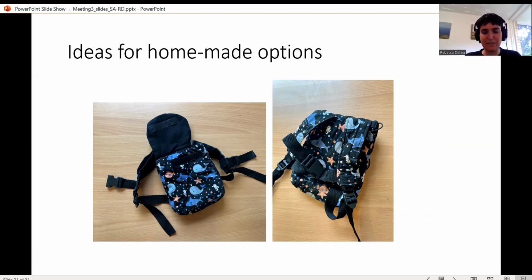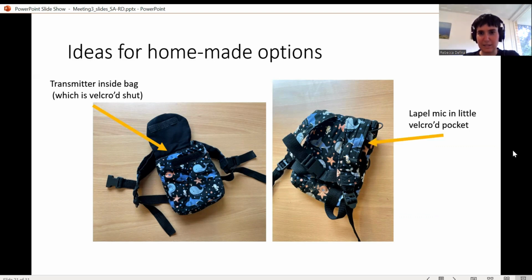They're just small pouches that fit the transmitter in the back. The transmitter goes inside the bag, which is then Velcroed shut, and you get the lapel mic in this little Velcroed pocket, which is then protected there. And you have padding all around the bag, which helps protect everything.